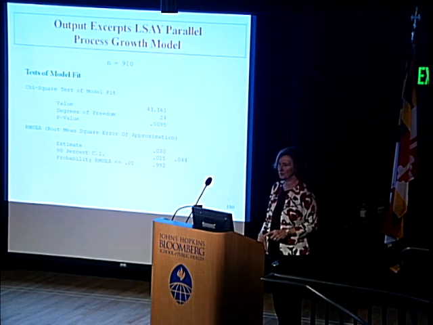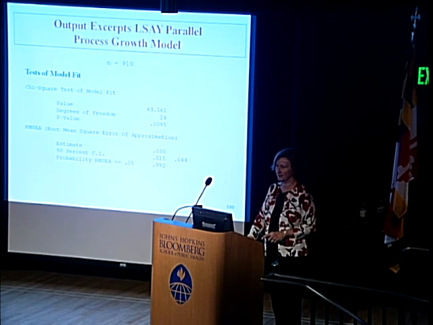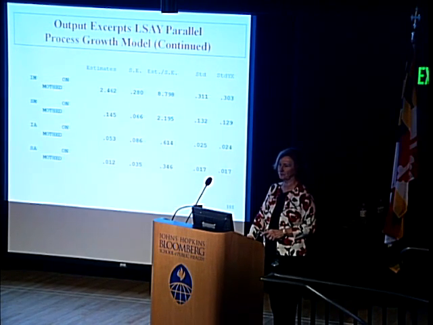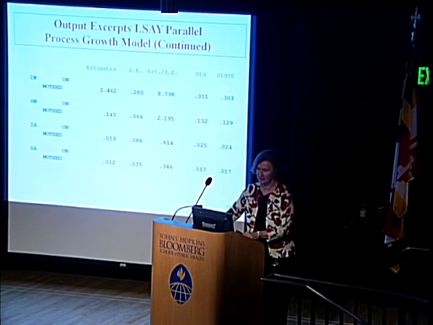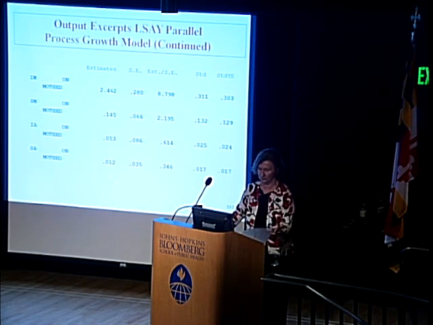Now we're still in a situation where we get some chi-square tests of fit, and RMSEA looks pretty good. We have a smaller sample, so we can see the p-value is at least not all zeros for the chi-square test of fit. But what we're mostly interested in here is looking at these regressions.